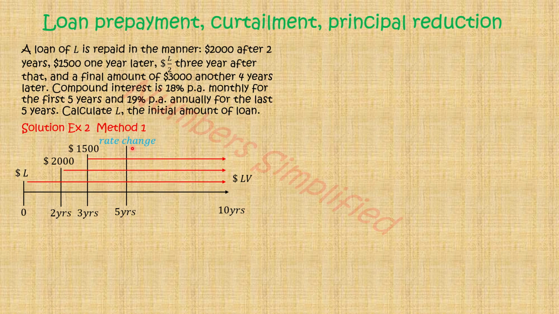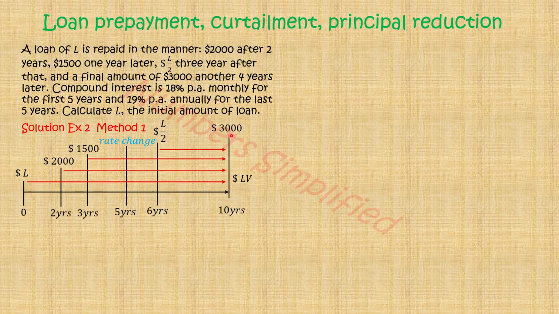So this example sort of represents a realistic situation that you may face in life. Then also taking note, in the 6th year, we have L divided by 2 payment that was made, and that is going to also accrue some interest that will help out in clearing the loan. And finally, in the 10th year, when the whole loan is due, an additional or final payment was made of $3,000.